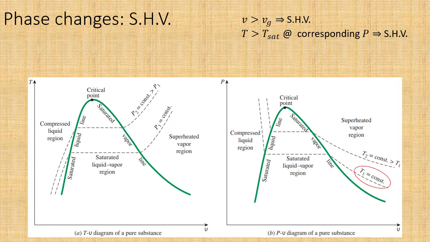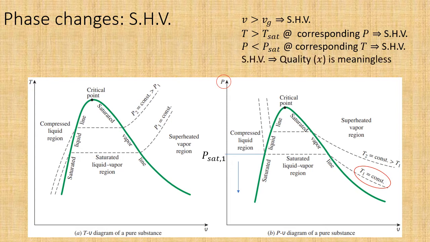If the pressure P is smaller than the saturation pressure Psat corresponding to T1, then we have a superheated vapor. For a superheated vapor, quality is meaningless, since superheated vapor is not a liquid-vapor mixture, is not a saturated liquid, or a saturated vapor.